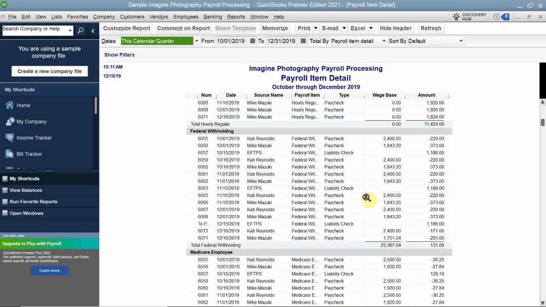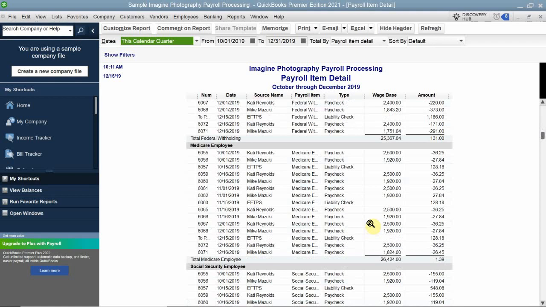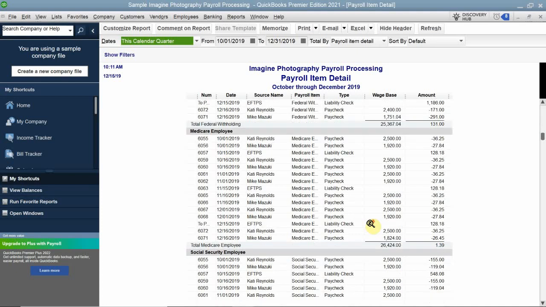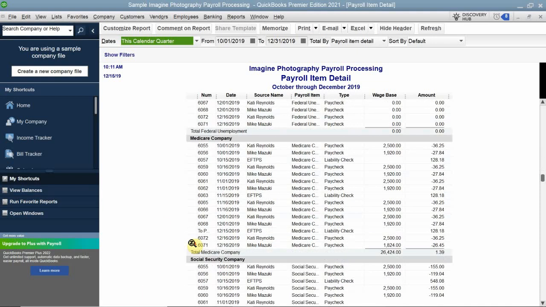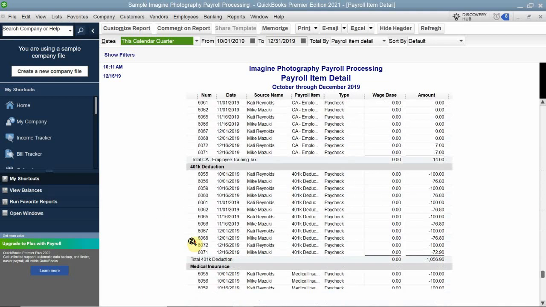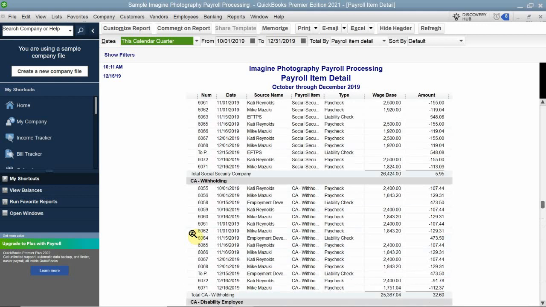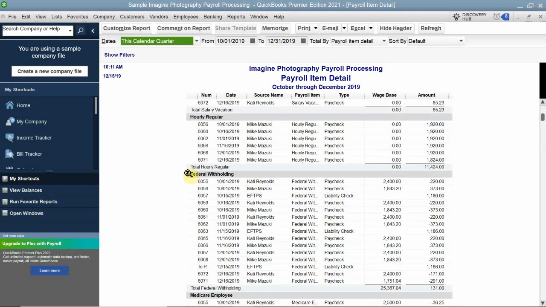Okay, you have vacation pay, whether it's hourly or salary, and then of course there's your Medicare, right? What payments do they have for each employee, which person is involved in it, and so on and so forth. So again, Social Security, and so on and so forth. So all of the payroll items here is just the details of where the money went, where it is being collected, and so on and so forth. So again, whatever information you need as a person who's in charge of employees is going to be these reports here.